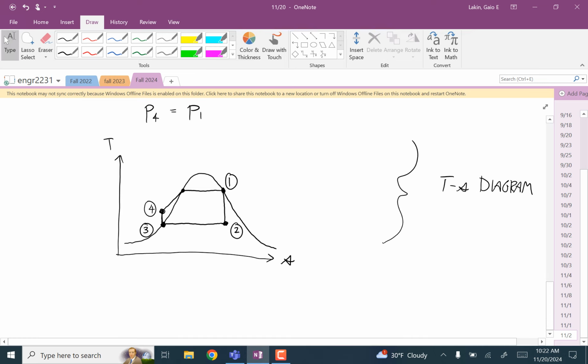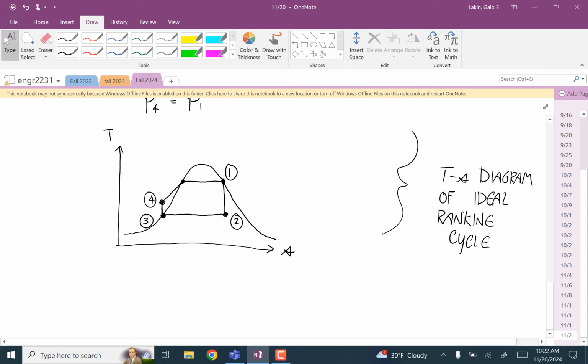Okay, so this is a TS diagram of the ideal Rankine cycle. And remember that from this diagram, from the TS diagram, you can always tell the phase.